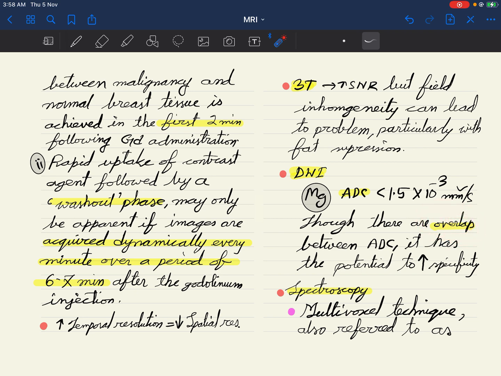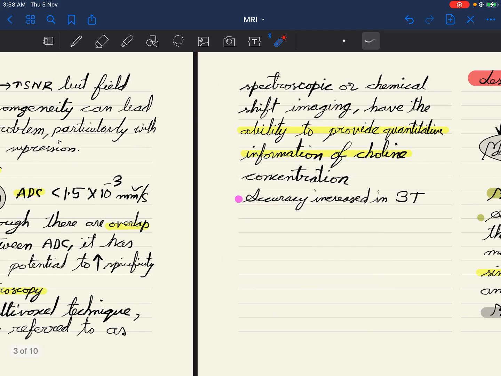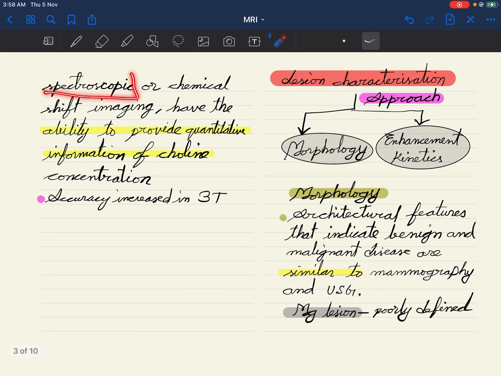Spectroscopy in breast imaging may be done in single voxel technique or multivoxel technique. If it is done in multivoxel technique, it is referred to as spectroscopic or chemical shift imaging. It has the ability to keep the quantitative information of choline concentration, and we know that choline is synthesized by membrane synthesis.